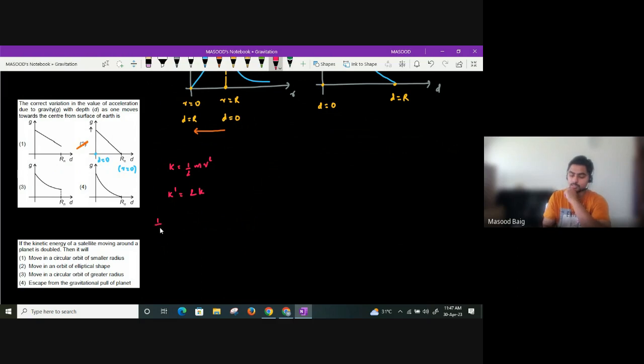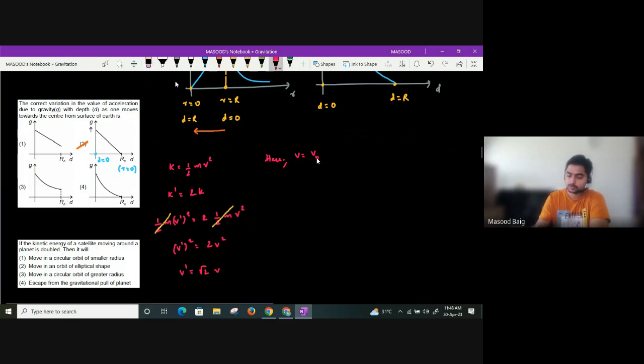So half mv dash square will be 2 times half mv square. We can cancel out half m and half m. So what will I get v dash square value as? I'll get it as 2 into v square. So what is v dash? It is root 2 times v, or not? So here, what is v? It is a satellite, so v will be nothing but orbital speed.